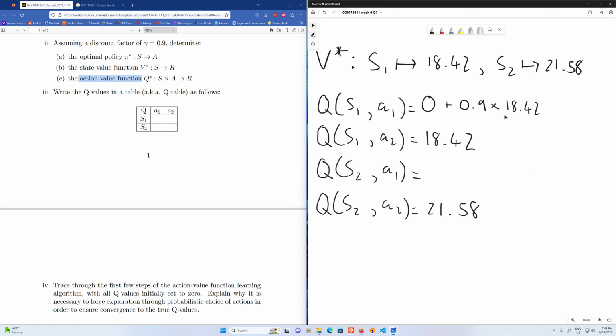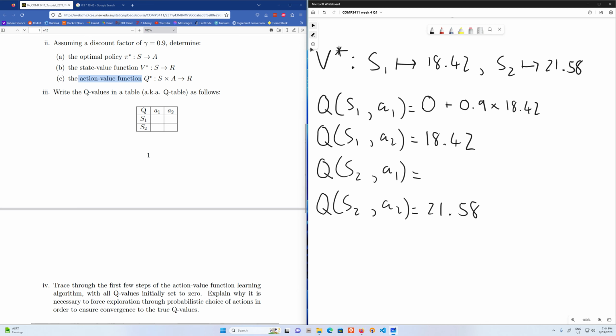I'm using the optimal value of state 1 over here simply because if we take action A1, it's the self loop. After we take that action, the agent is back in state 1, and if it starts following the optimal policy at that point, then we get to the value of 18.42. That's how I got this number here.